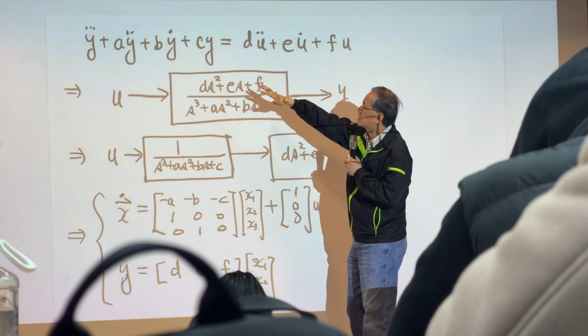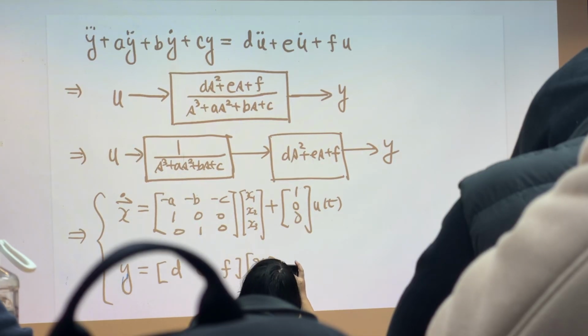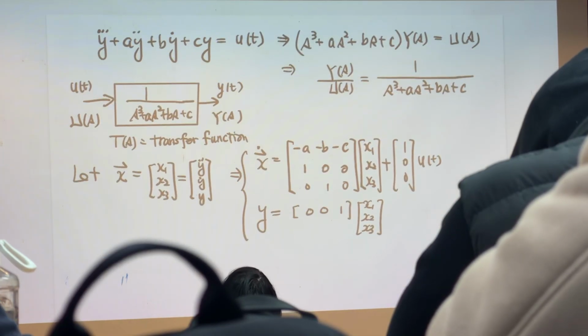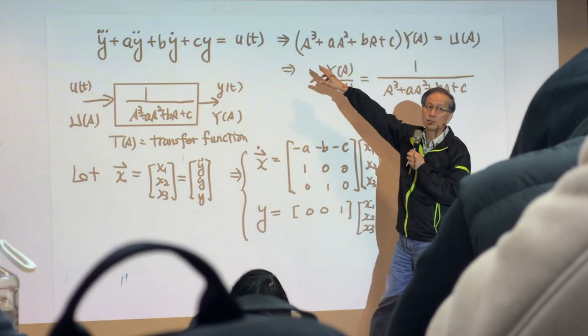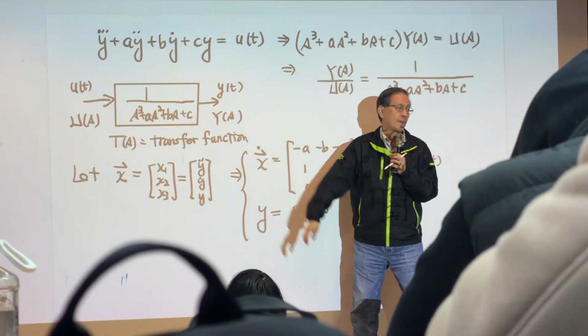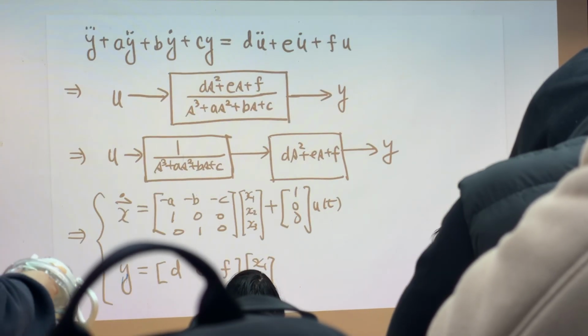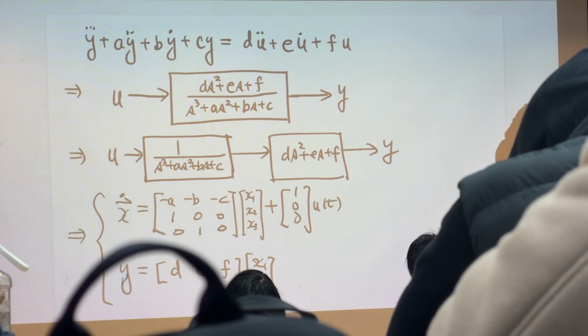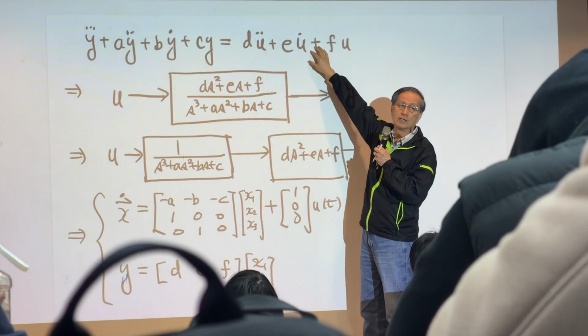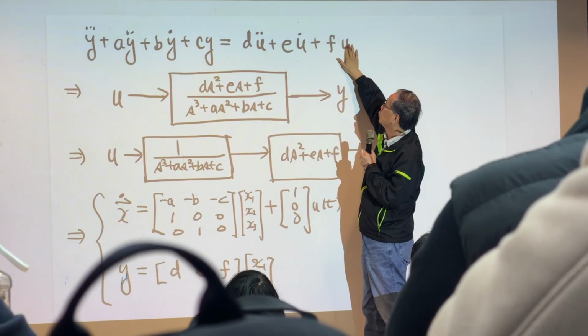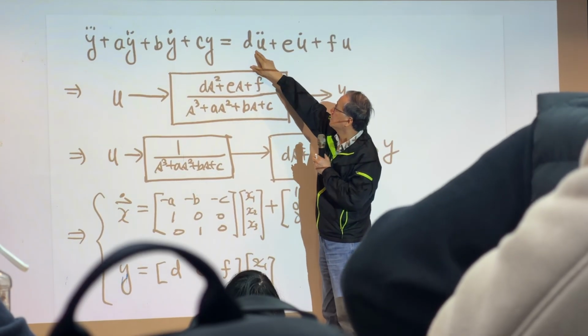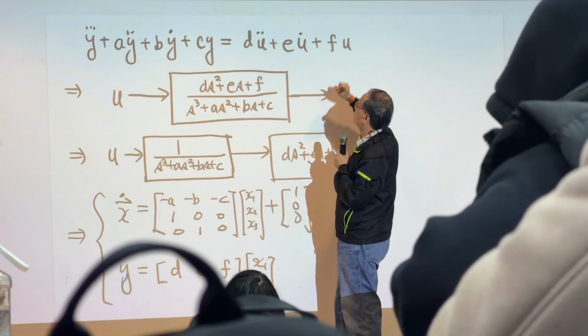Because previously, let me show you again. Previously, on the right-hand side is only u(t), right? Only u(t). Now, on the right-hand side, I'm going to have another differential equation here. So instead of only u, now I'm going to have d u double dot plus e u dot plus f u.